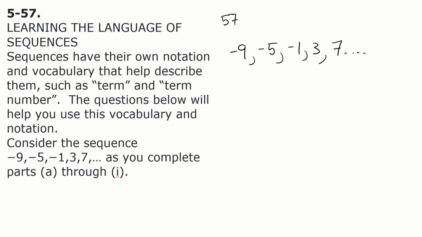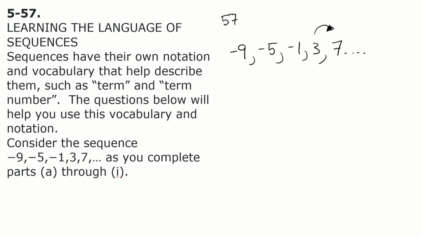So the first question is: is this sequence arithmetic? An arithmetic sequence is one that is generated by using repeated addition of either positive or negative numbers. As I look at this sequence, I can do the arithmetic fairly easily. If I take 3 and add 4, I get 7. Or another way, 7 minus 3 is 4.